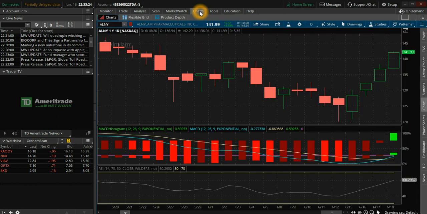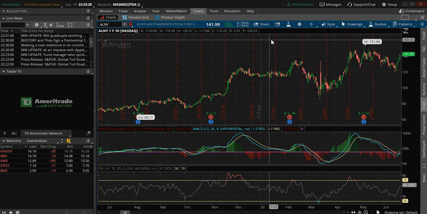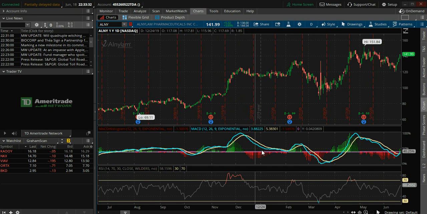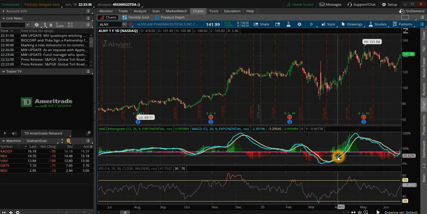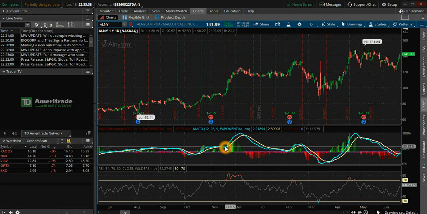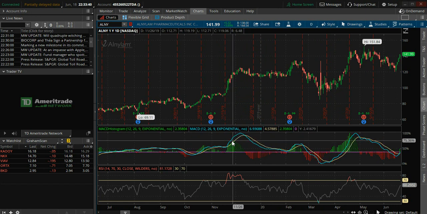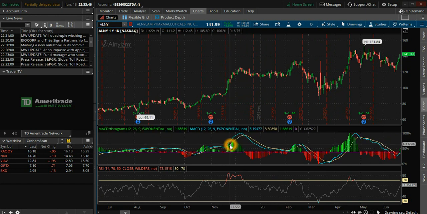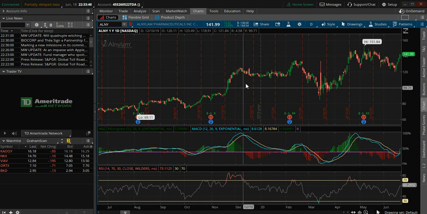While that's scanning, I want to go to the chart and show you what the MACD histogram looks like. So I've already added the MACD and the MACD histogram in this second chart for ALNY, and we can see here that whenever the MACD, which is a cyan colored line, is greater than the signal line, which is the white line, you have a positive MACD and a bullish trend in the stock price.